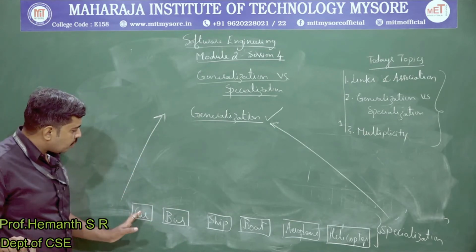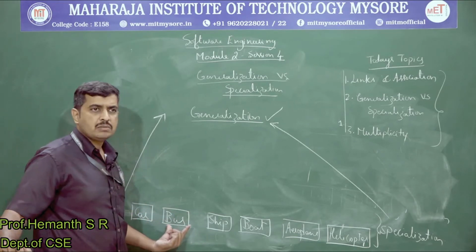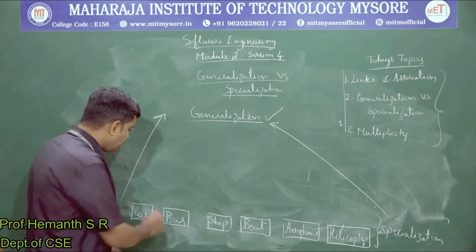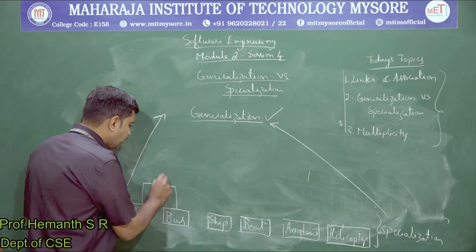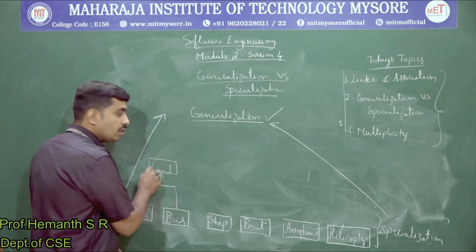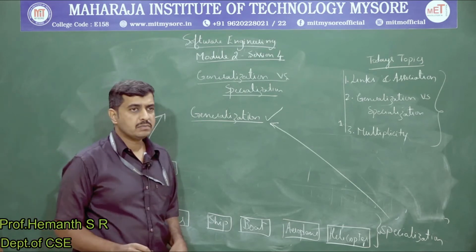If you once again do a basic analysis, we can understand that a car and a bus are vehicles which move on land. So I can come out with a generalization here. What is it? A car and bus move on land.